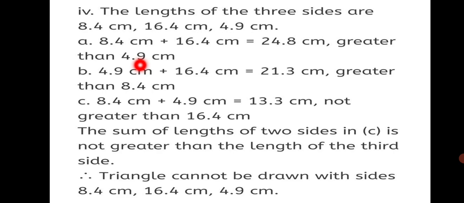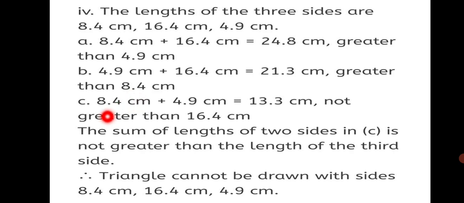Now let's change the sides for B. In B, we are going to take 4.9 centimeter plus 16.4, which is equal to 21.3 centimeter. The answer is greater than the remaining third side, that is 8.4 centimeter.